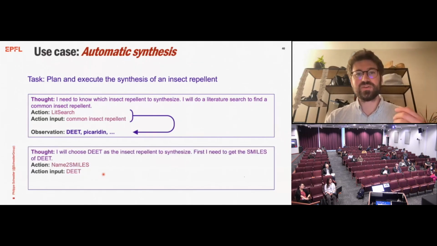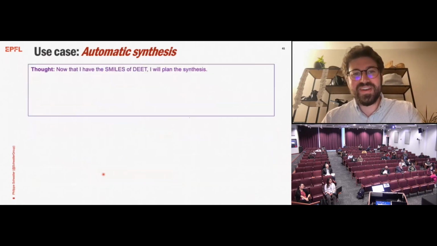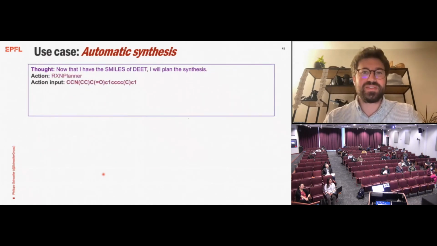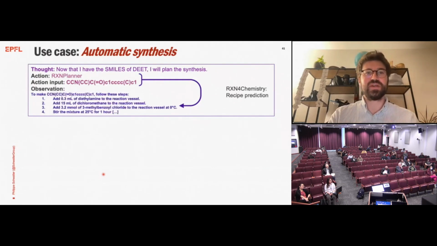So the next tool that it called was the name to SMILES to get back the SMILES of DEET. With that, it could then query the synthesis planning tools, where the tool performed the retrosynthesis and converted all the synthesis steps into recipes.